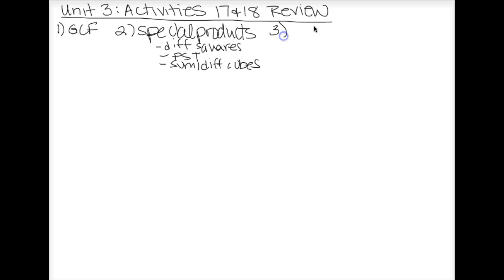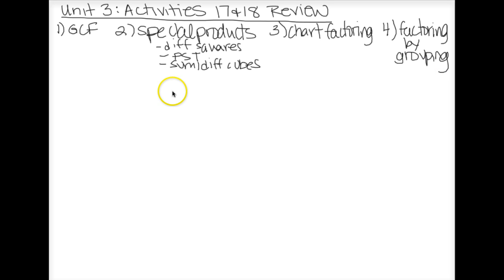Then next, after that, we look for chart factoring. And then our last choice would be factoring by grouping. That only works if you have 4 terms. So please go through this for all of the problems.